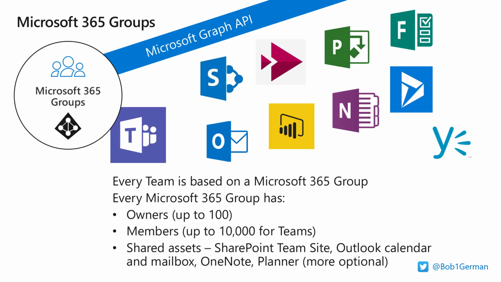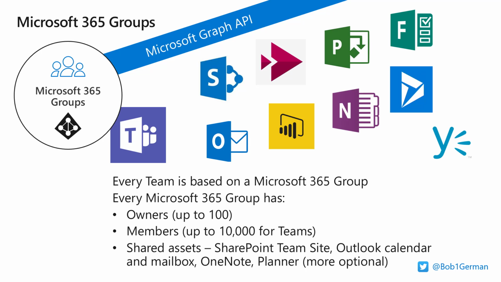So every Microsoft team has a Microsoft 365 group underneath of it. And that means by definition, it has a SharePoint team site associated with it, as well as an Outlook calendar, a hidden mailbox, which is where the team's messages go eventually for compliance reasons, OneNote, Planner, all kinds of things that are available there.